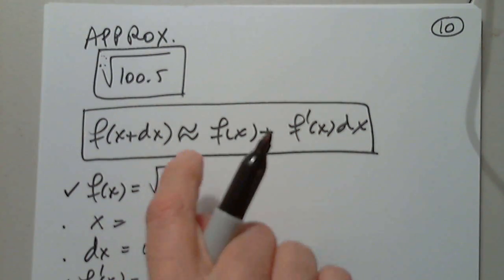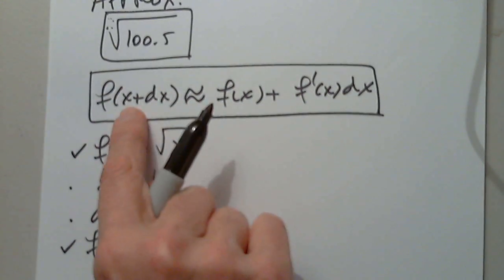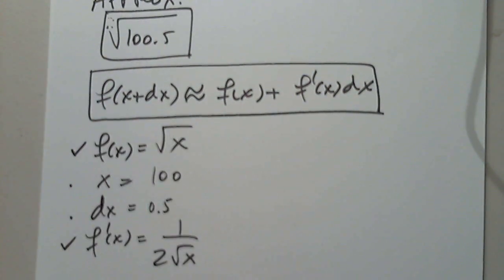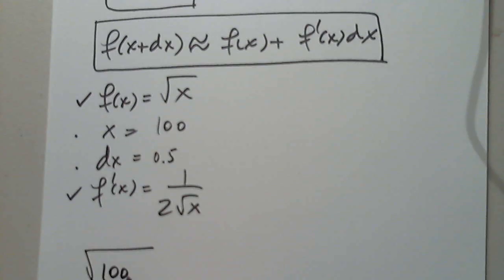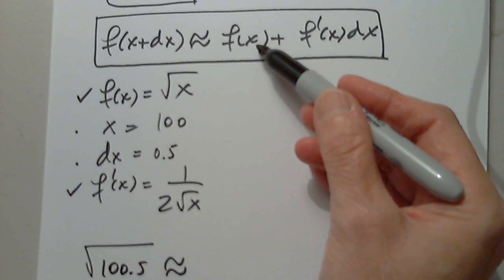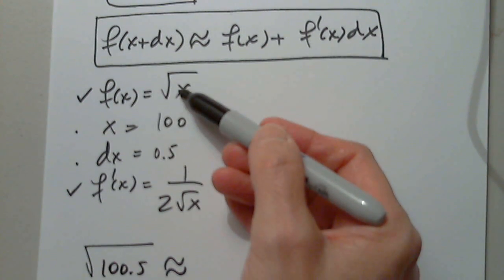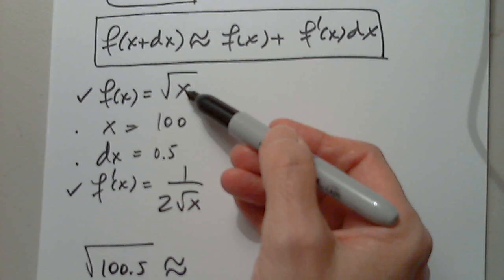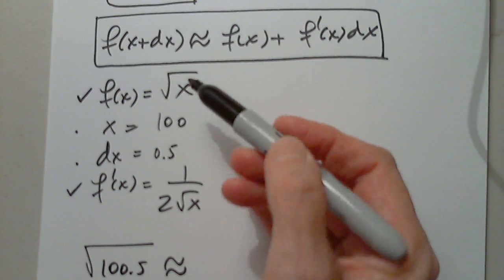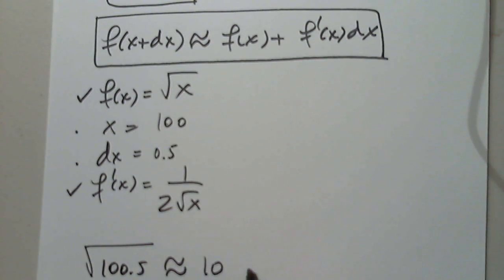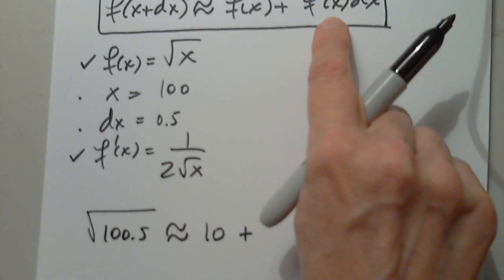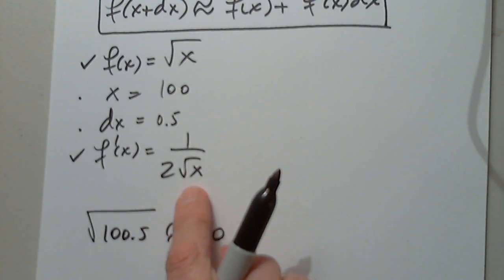Awesome. So then, I copied the left-hand side, which is this. The square root of 100.5, approximately. F of x, when x is 100, how much is f of x? 10. Yes. Plus f prime of 100.